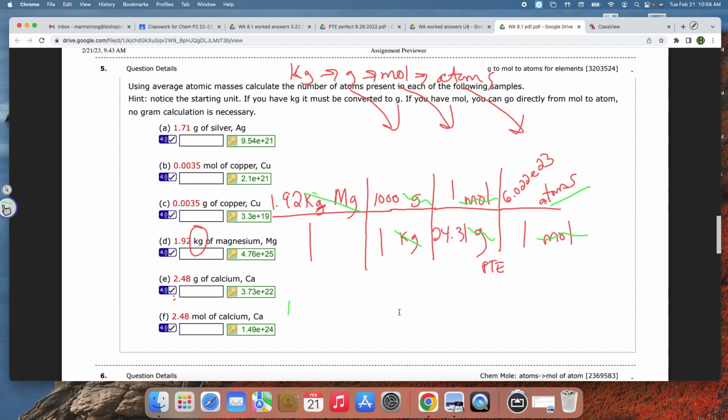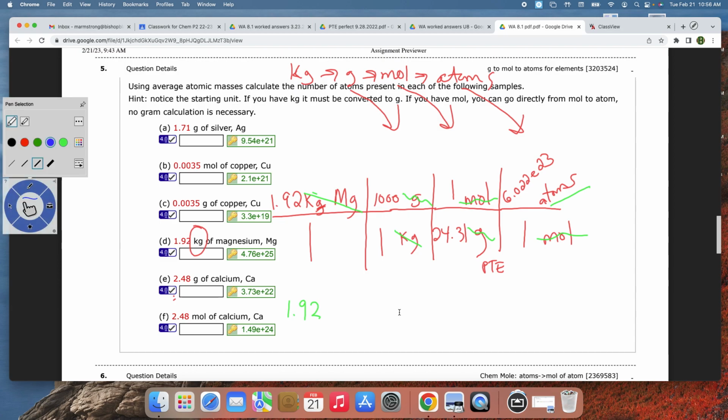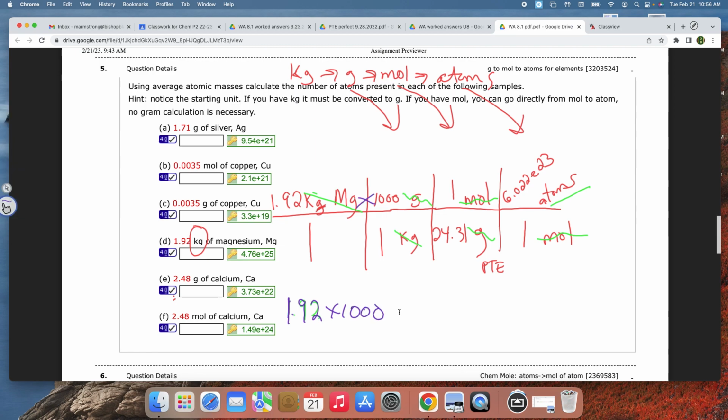In my calculator, I'll do 1.92. This color's a wee bit faint. Give me not so faint. We've done purple. Let's do purple. So 1.92 times 1,000, because they're next door neighbors. Next door neighbors multiply.